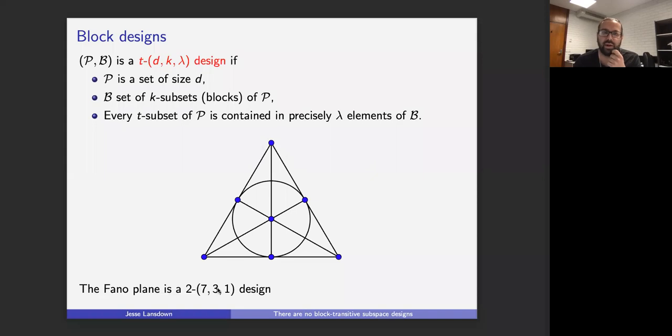So we have k is 3. And no matter which pair of points you pick, the 2-set that defines will lie on exactly one block. So this point and this point lie uniquely on this block. So lambda is 1. And in this case, we also call that a Steiner triple system when lambda is 1.